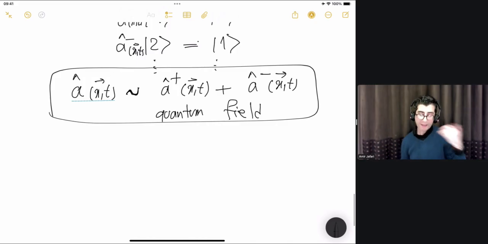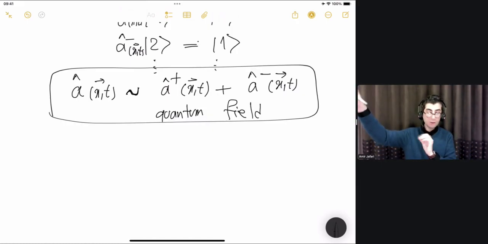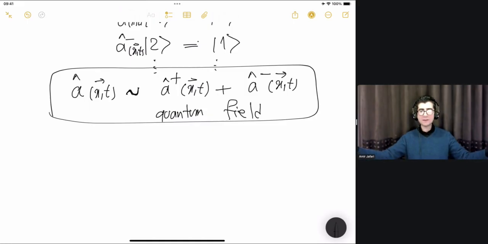Now we can use this terminology that this field A fills space and time. It's present everywhere. If you want to create a particle, it acts there and gives you a particle. If you want to annihilate a particle, it acts at that point, wherever it is, and annihilates the particle. So in some sense, you have something present in space and time.